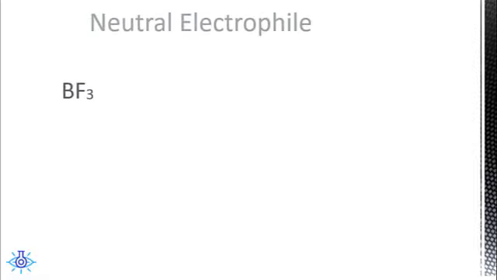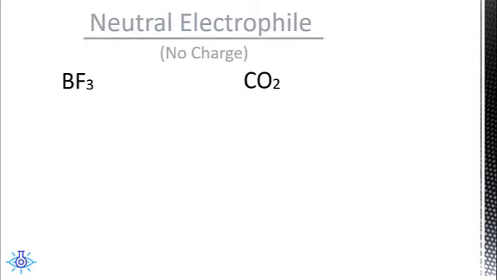Next, let us look into neutral electrophiles. BF3, boron trifluoride, and carbon dioxide are examples of neutral electrophiles. Neutral means no charge. Let us take carbon dioxide. When we write carbon dioxide in its expanded form, it is written like this. Look at carbon here. It has 4 bonds, two on either side.